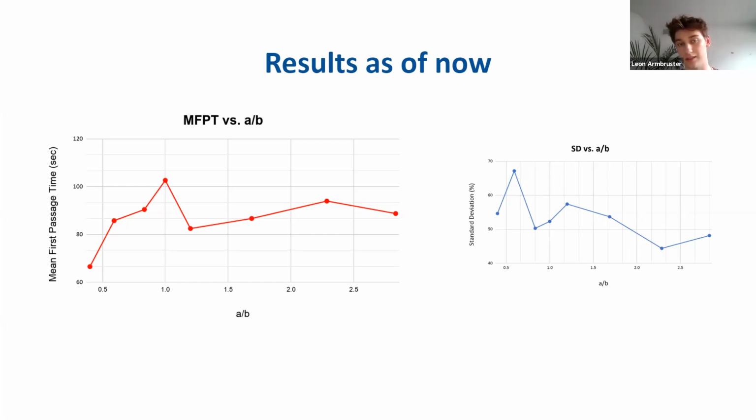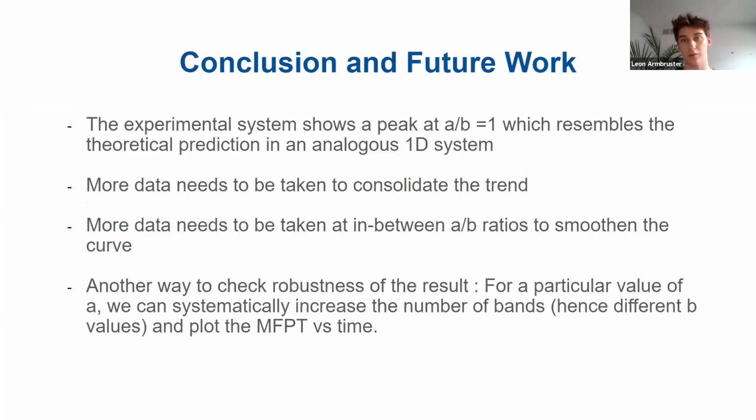But that also means that you have to take a lot of data points in order to cancel out that standard deviation. For now, we have taken about 30 data points for each of our ratios. So one thing we really want to do is take more of that data to cancel out the standard deviation. And another thing we want to do is to smoothen out the curve.